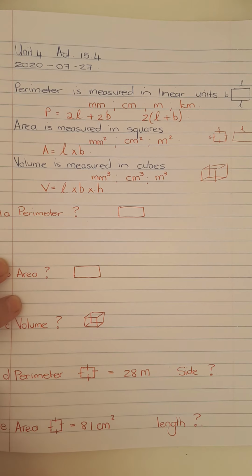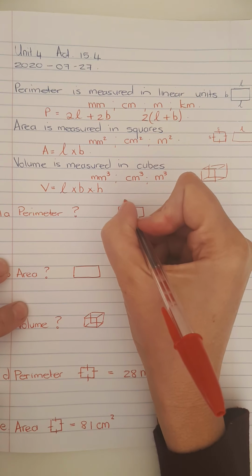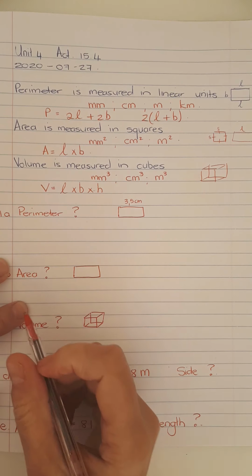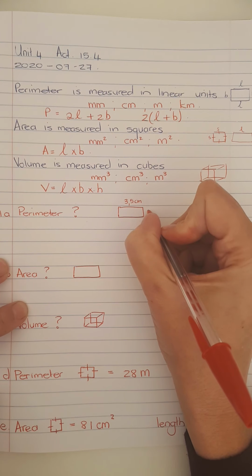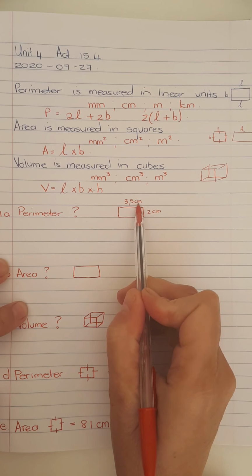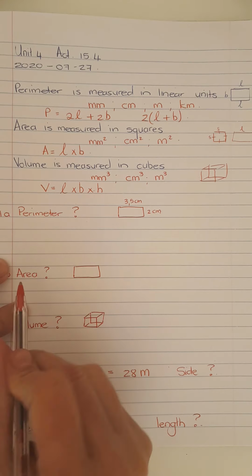Then they say, with a length of 3,5 centimeters. The longest side will be 3,5 centimeters. And a breadth of 2 centimeters. I can see my units are the same. I don't have to change anything there. So perimeter, how do I work out perimeter?